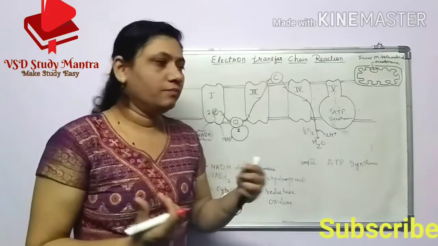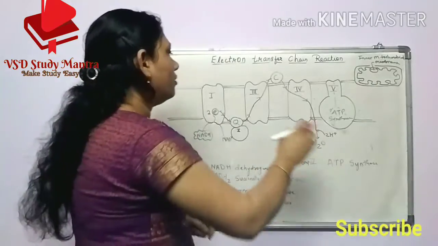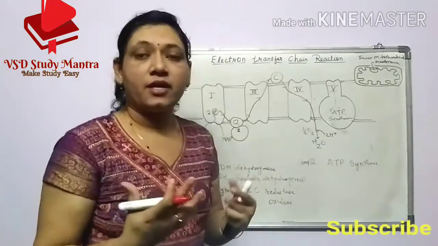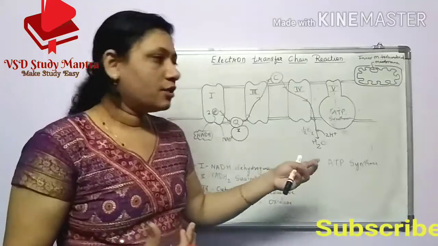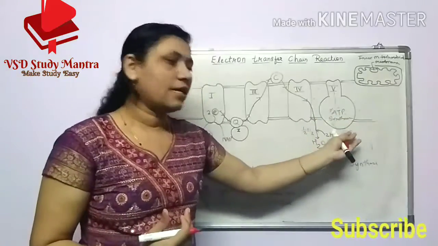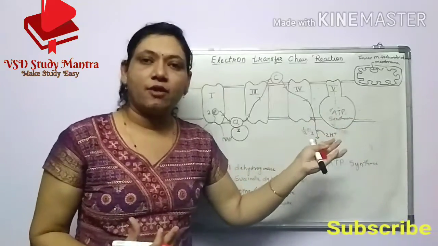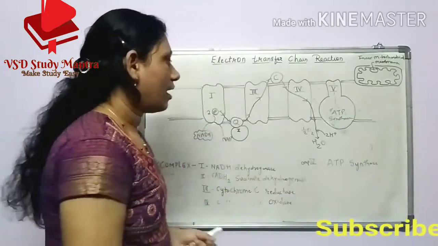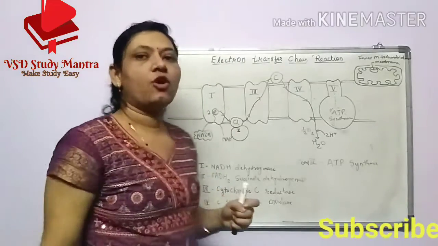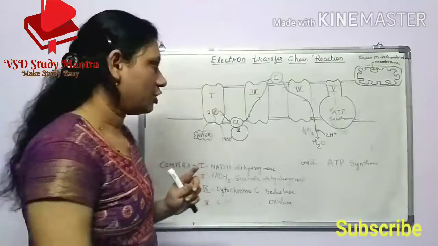What we breathe, the oxygen is supplied here. So breathing is very important. You understood why? Because oxygen is needed to produce ATP energy. This whole process is also known as oxidative phosphorylation.